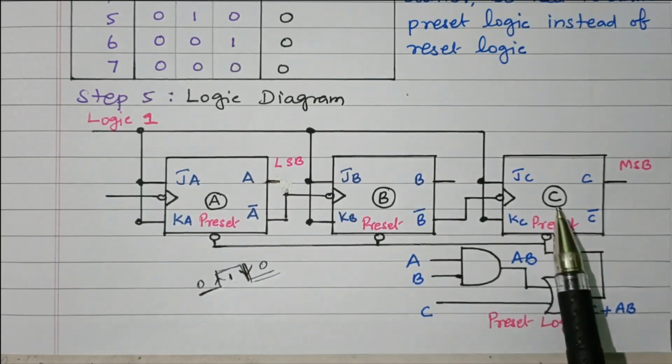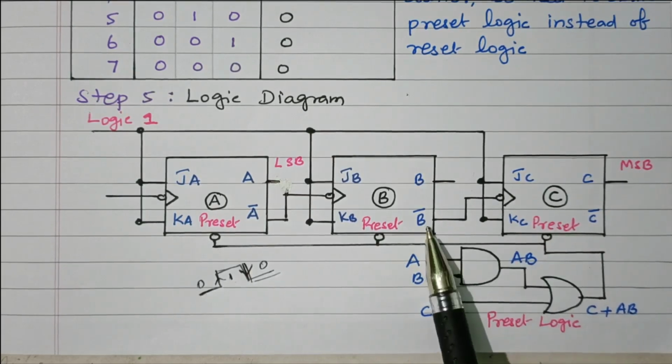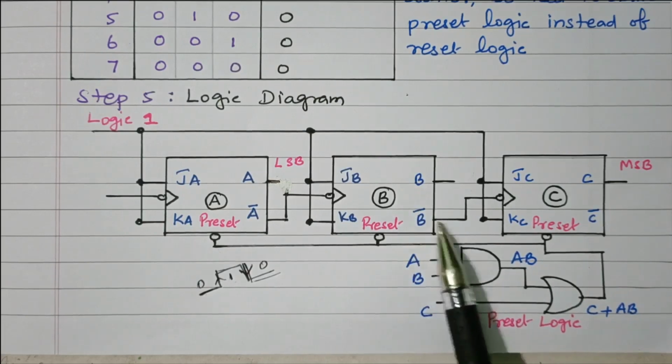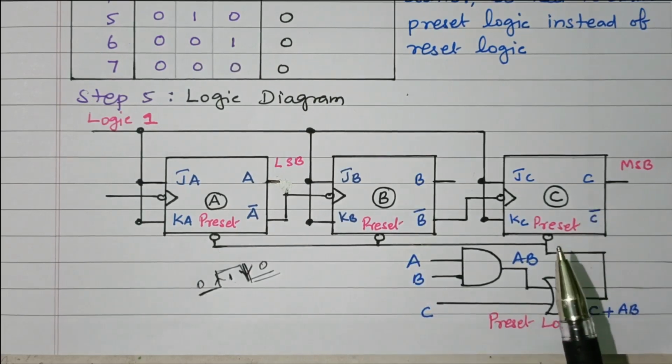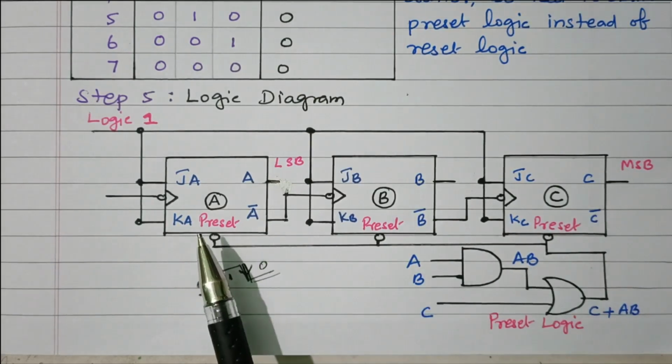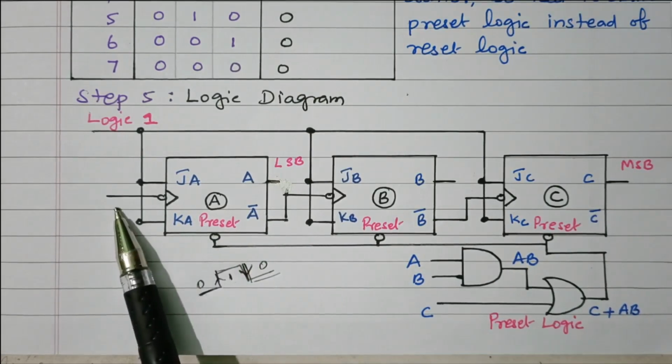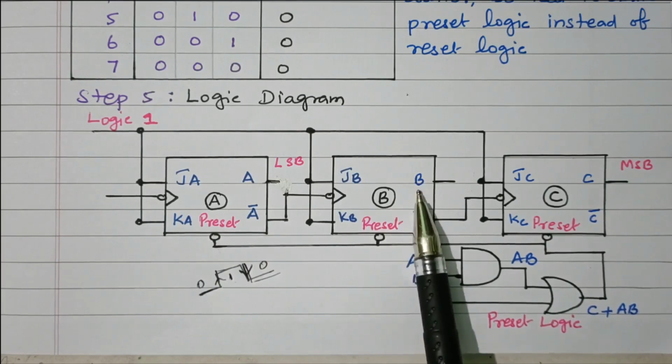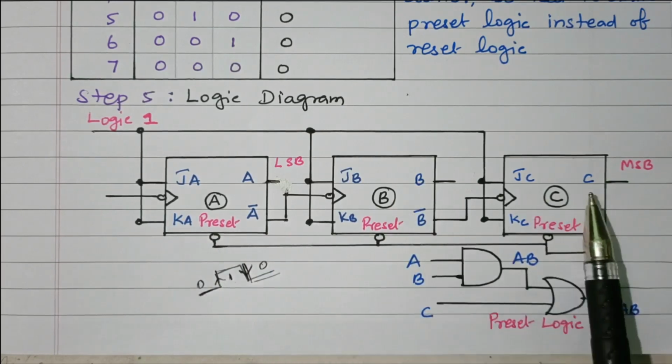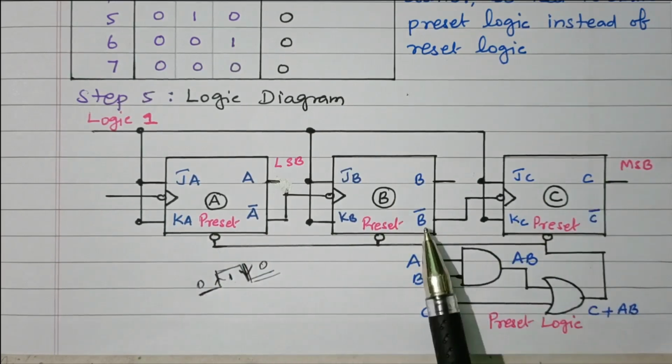Similarly, the third flip-flop will receive the clock pulse from B bar, right? So every negative edge of B bar, C will toggle. So the first flip-flop depends upon the clock pulse, the second flip-flop output depends upon A bar, the third flip-flop output C depends upon B bar.